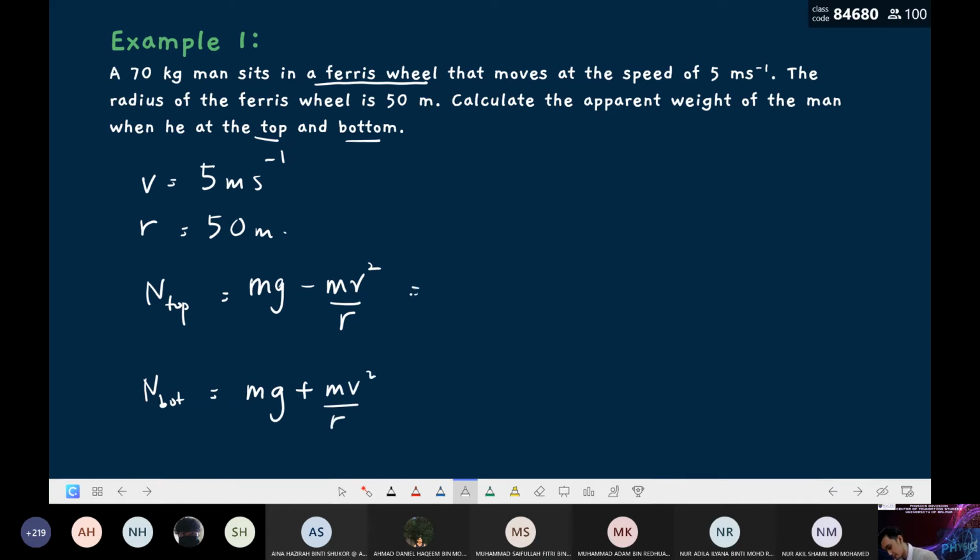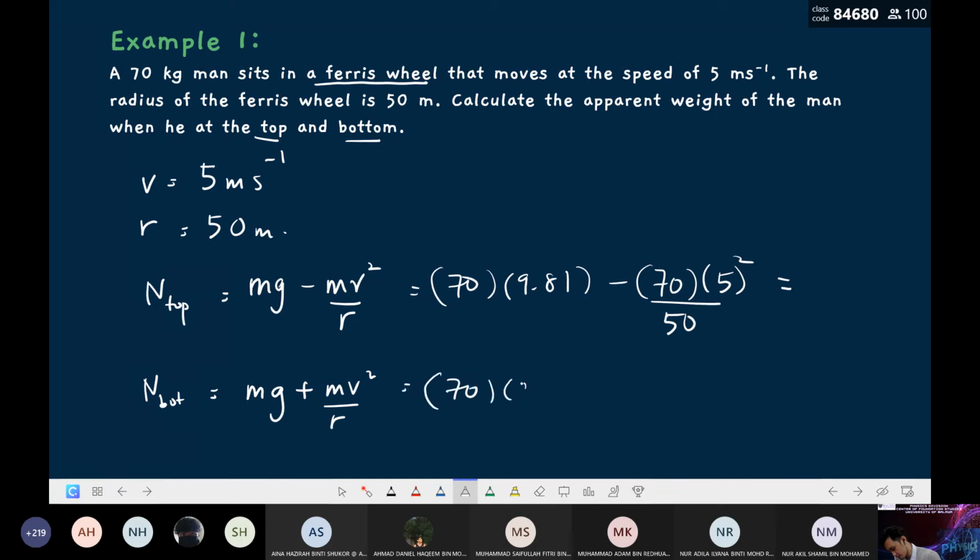Mass is 70, gravity is 9.81, minus mass is 70, and velocity is 5 to the power of 2. We divide by the radius is 50. Okay, boleh tolong kira. Tapi yang untuk bottom, we just tambah je lah. 70, 5 power of 2, divide by 50 is equal to 35. Okay, boleh tolong kira tak untuk N top berapa?